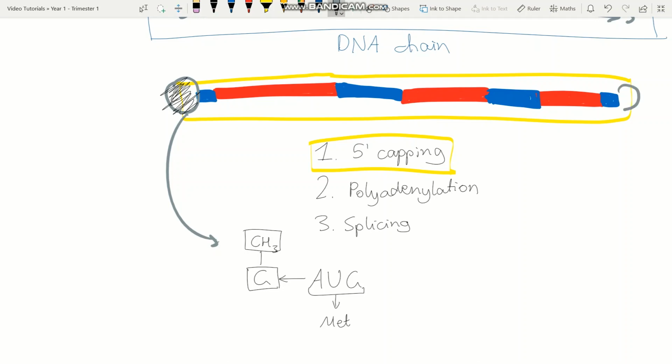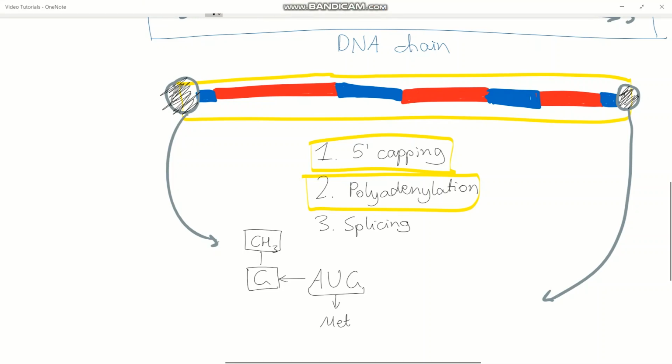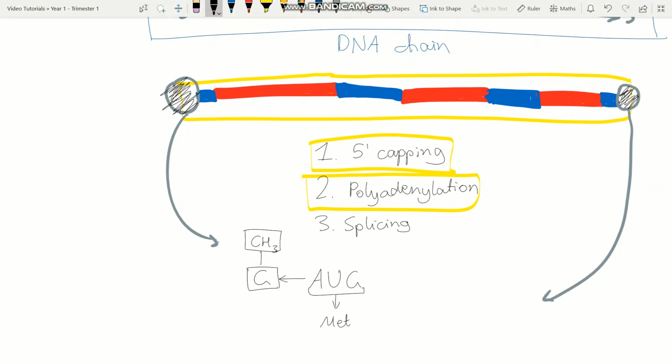There's a similar idea on the 3' end, and that's what occurs in polyadenylation. Polyadenylation is a similar process in that it allows for stability on the opposite side. And now there are 3 different types of stop codon sequences that can occur. These are UAA, UAG, and UGA.